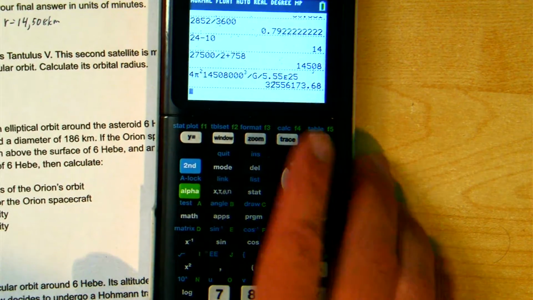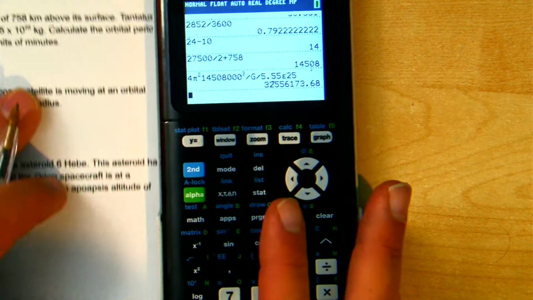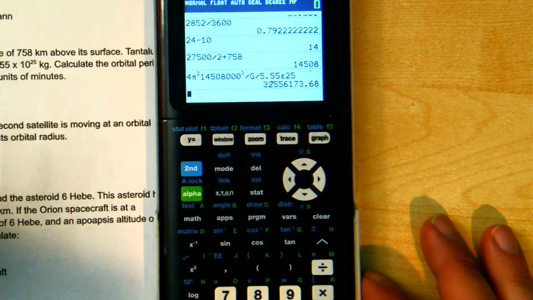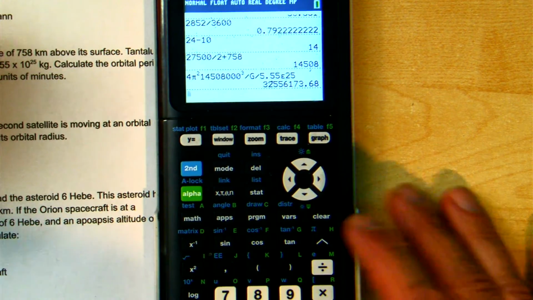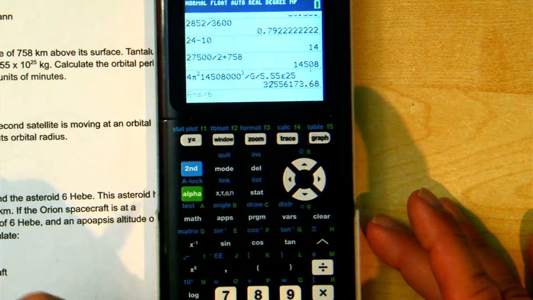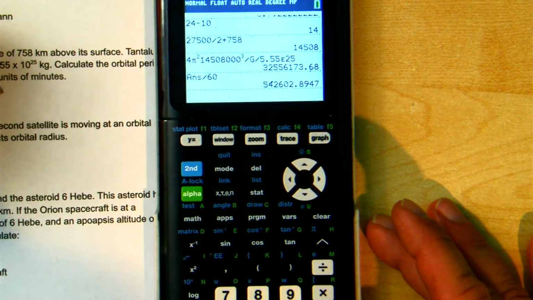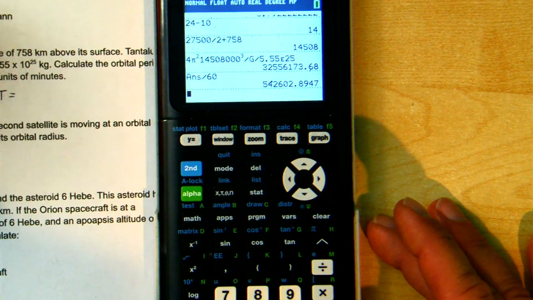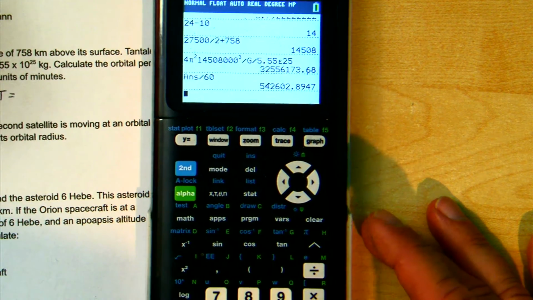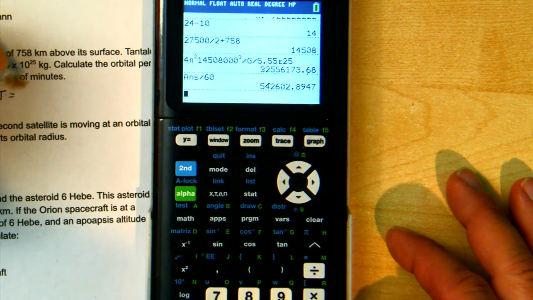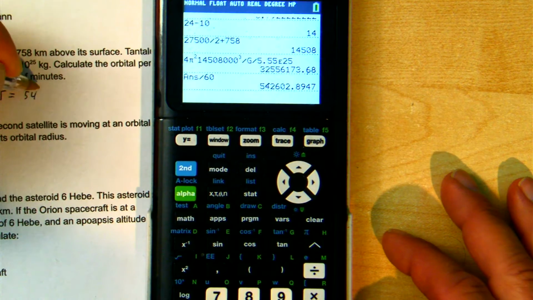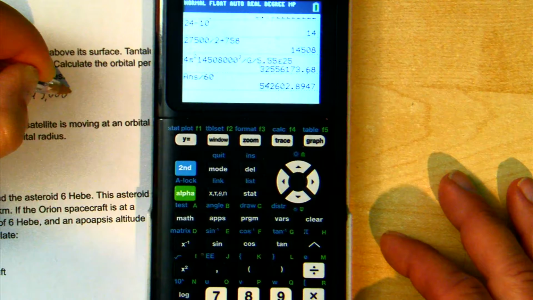And there's my answer in seconds, but I want the final answer to be in units of minutes. So divide this by 60, and I have a period of time of 543,000 minutes.